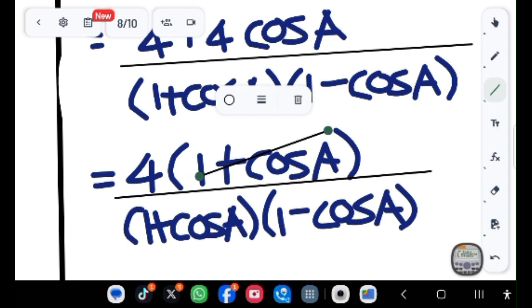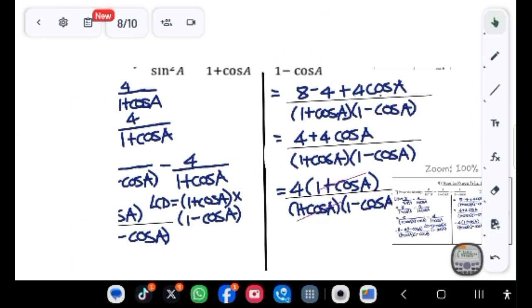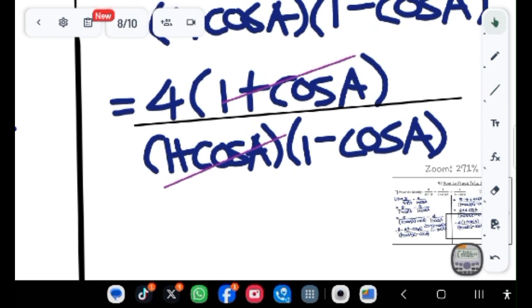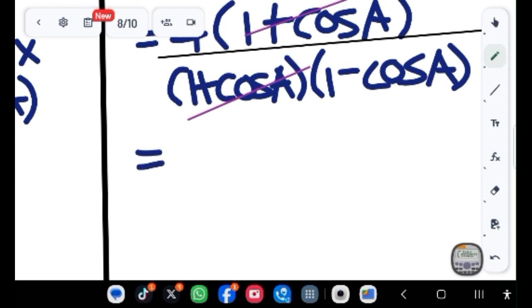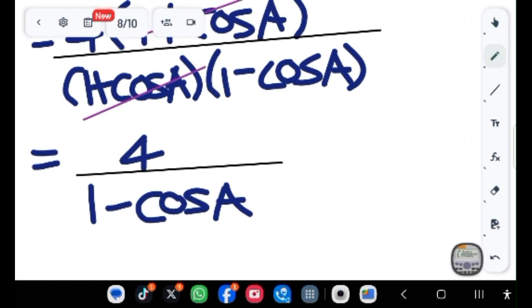So this one cancels with this one, and you're left with 4 over 1 minus cos of A, and that equals the right-hand side, and you've proven it.